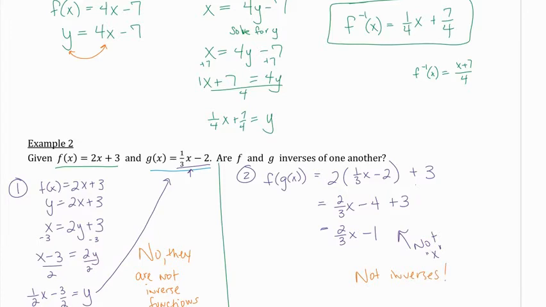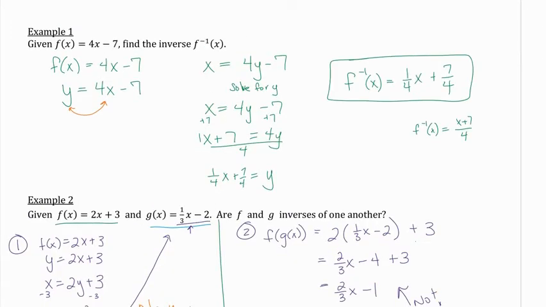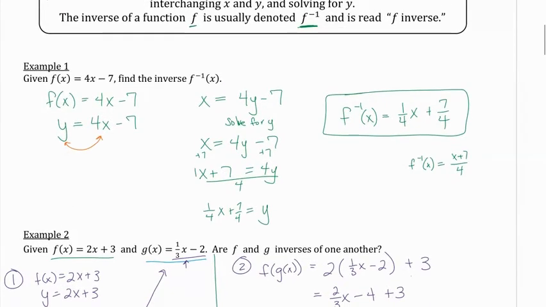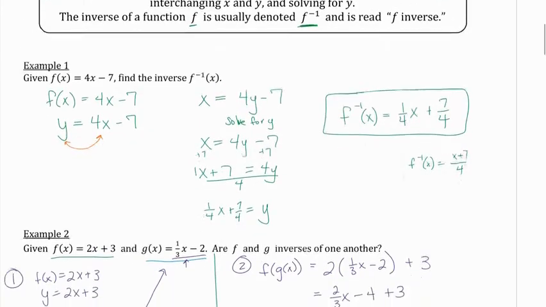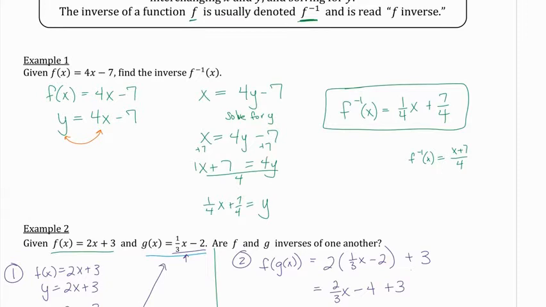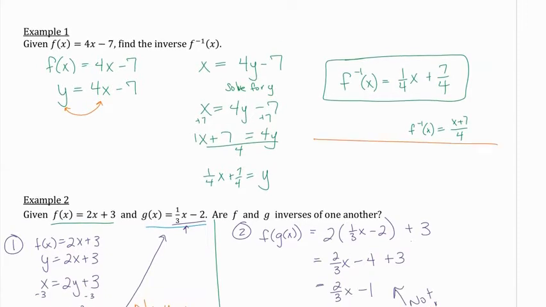Okay, to kind of show you, well, let's see if I have room here. If I show you up here, if I do the other method on example 1, I can take that f of x, which is 4x minus 7, right? And I'm going to plug in the inverse.